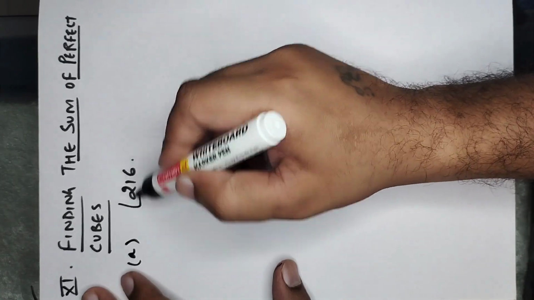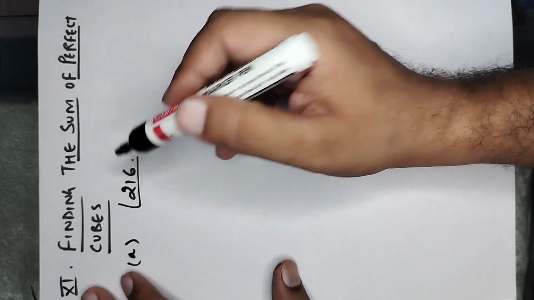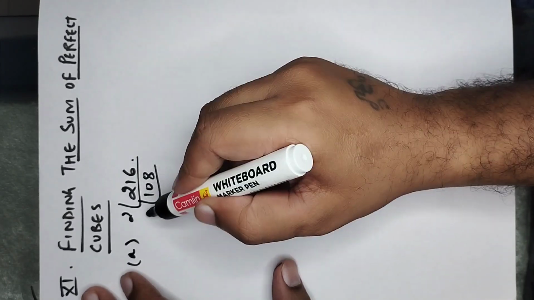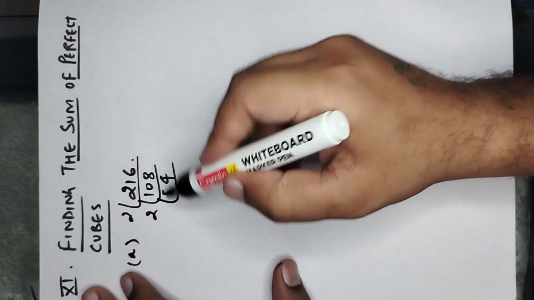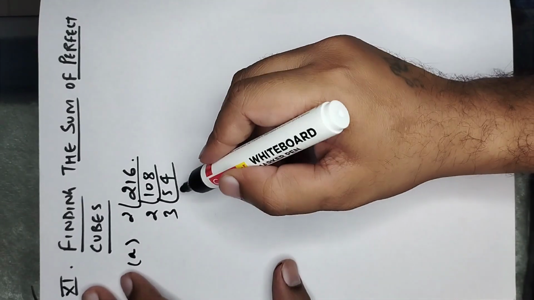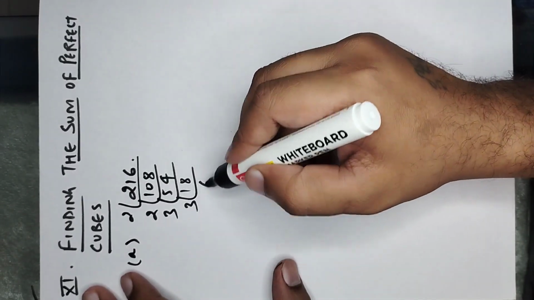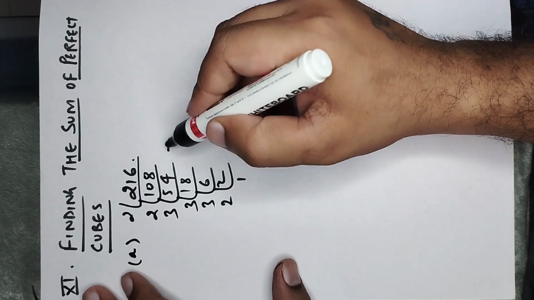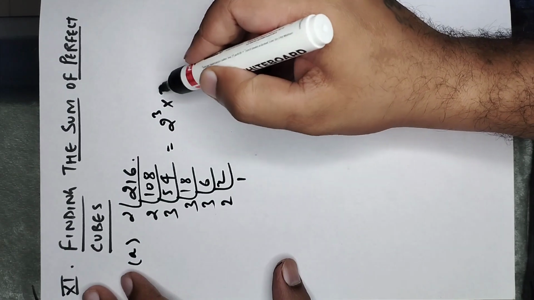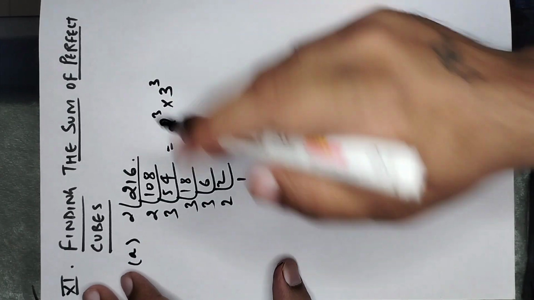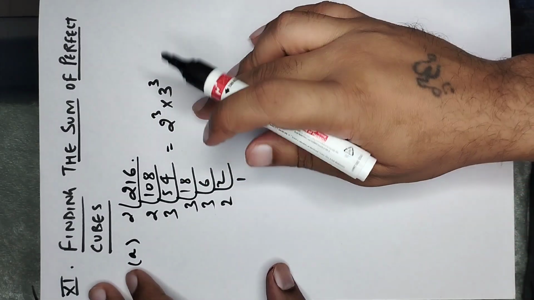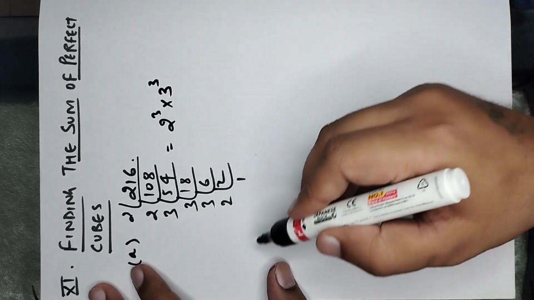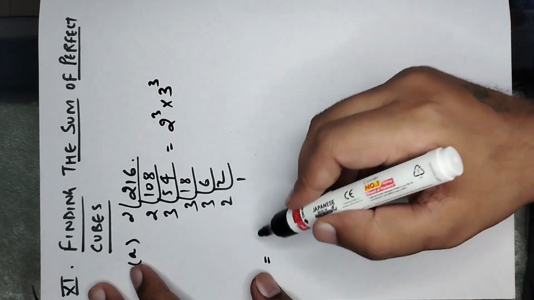First of all I have to factorize it, and I can say that this number can be written as 2 raised to the power 3 multiplied by 3 raised to the power 3. Again expanding this number, I can write it out.